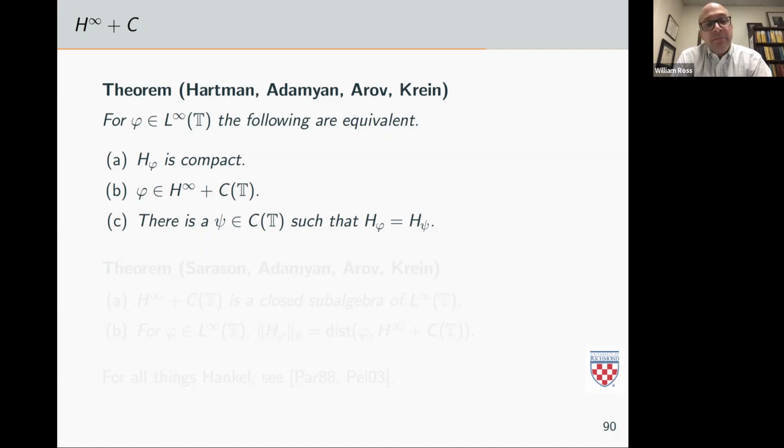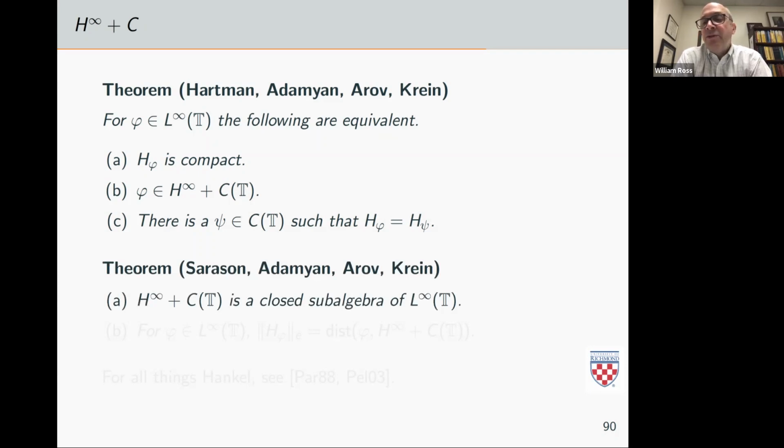All right, here's another sort of amazing thing. I'll start off with this theorem of Sarason, that this H infinity plus C turns out to be a closed subalgebra of L infinity. Neither of those facts is obvious, right?